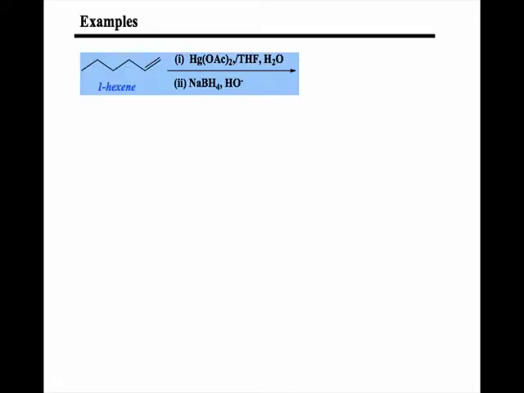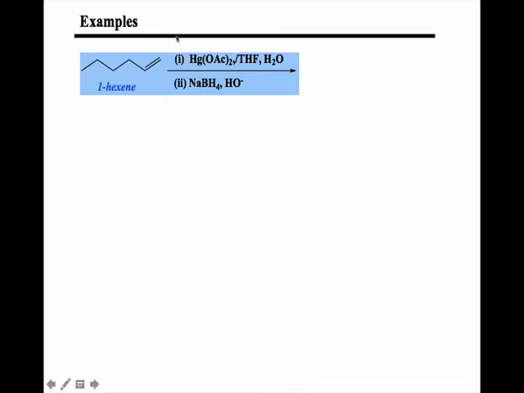So, for example, let's look at these reactions. 1-hexene reacts with mercury acetate, followed by sodium borohydride in the presence of base. The base is just there for your information, not to put the OH on the alkene. It's there to keep the sodium borohydride from reacting with the water that it's dissolved in. Sodium borohydride is quite stable in basic water, so you just add a little bit of sodium hydroxide.